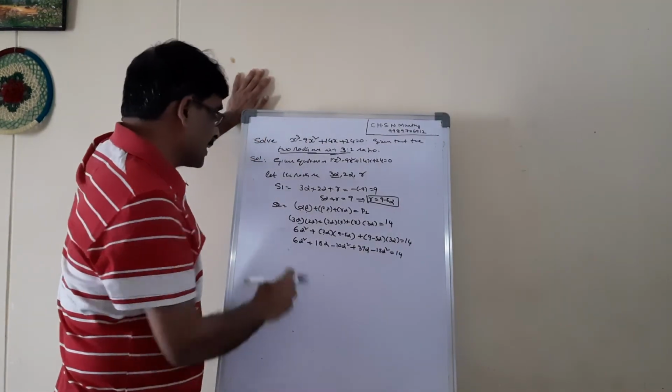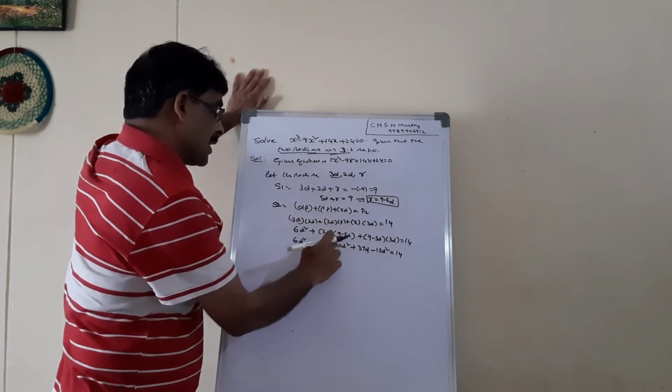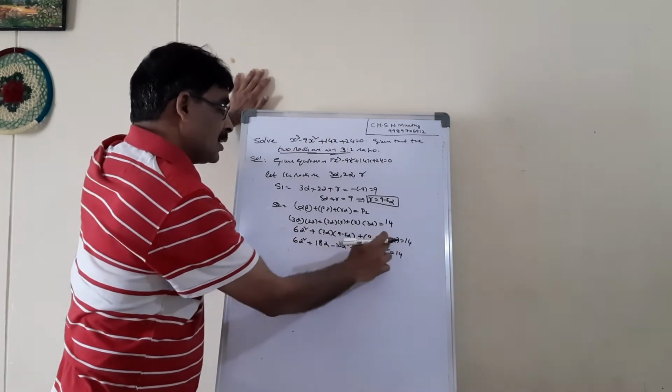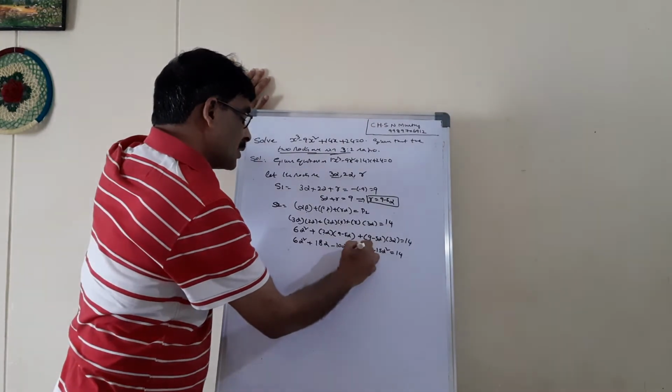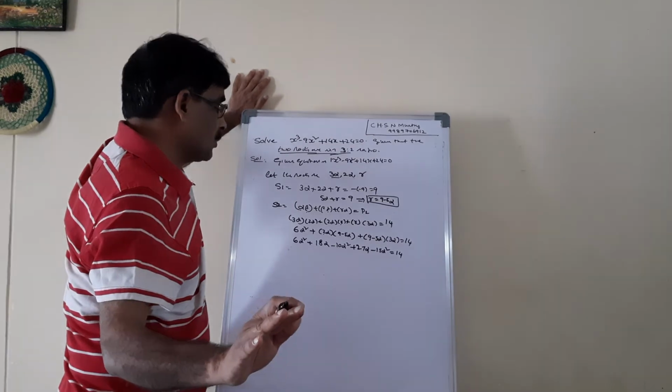So let me check again here. 6 alpha square, 2 alpha times 9 is 18 alpha, minus 10 alpha square, 9 threes are 27 alpha, minus 15 alpha square equal to 14. Okay.